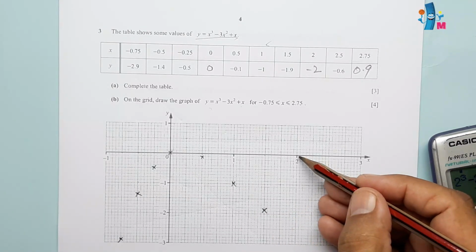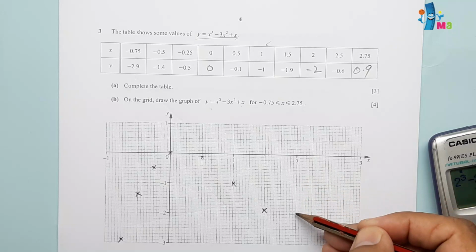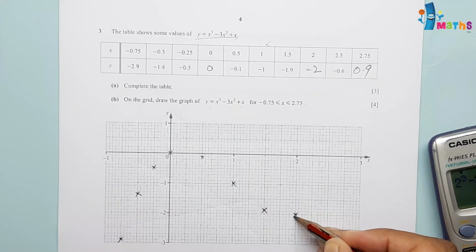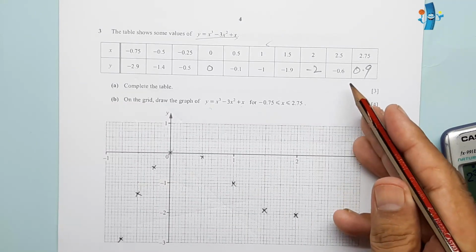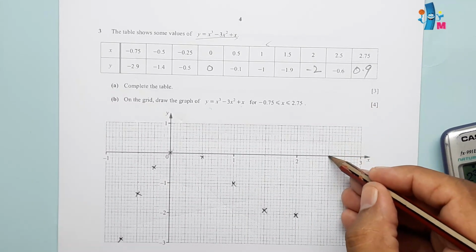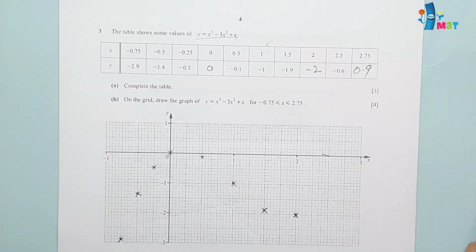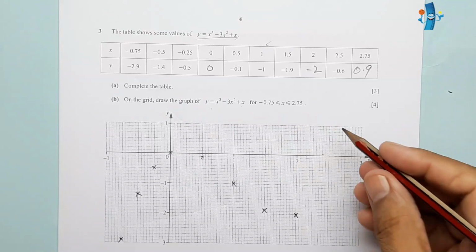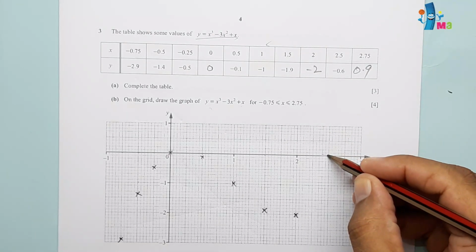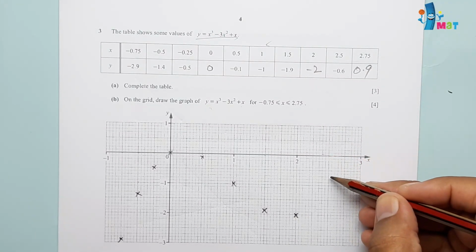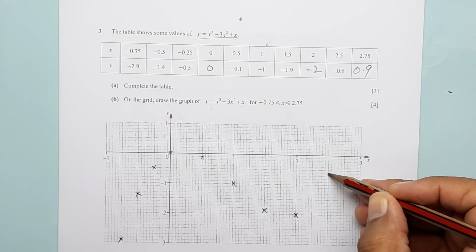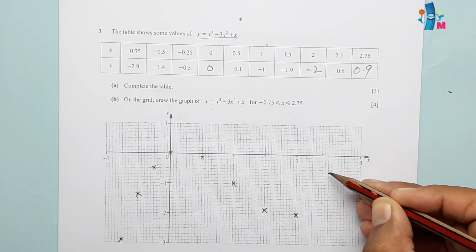Then comes 2 and -2, 2 and -2 will be this point. After that it's 2.5 and -0.6, this is 0.5, so this is 0.6.